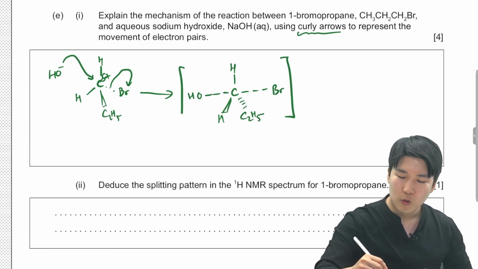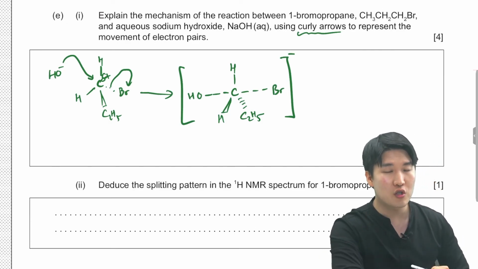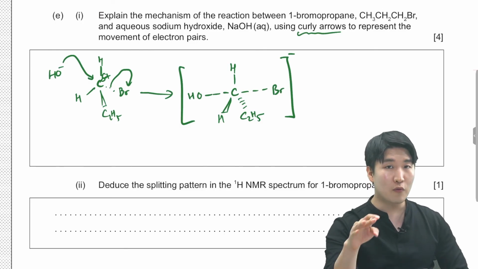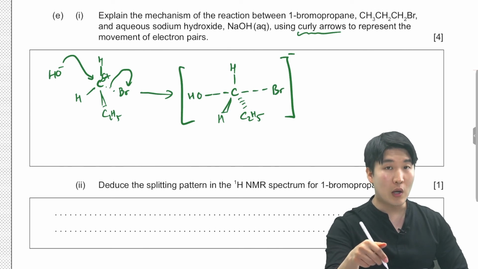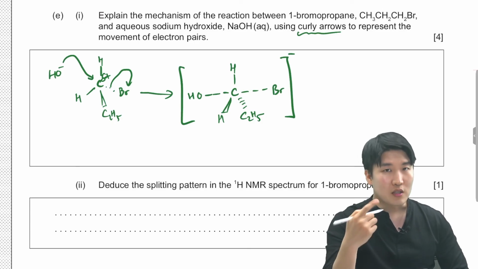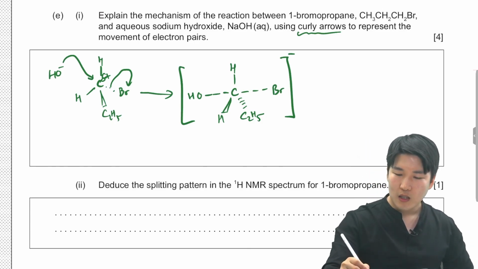Overall, it is negatively charged because of the negatively charged nucleophile. We still have 4 single covalent bonds, it's just that the C-Br and C-OH bonds count as 1 single covalent bond. They're partial single covalent bonds.